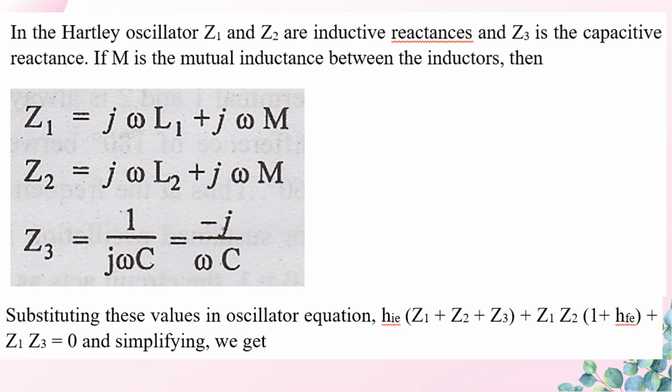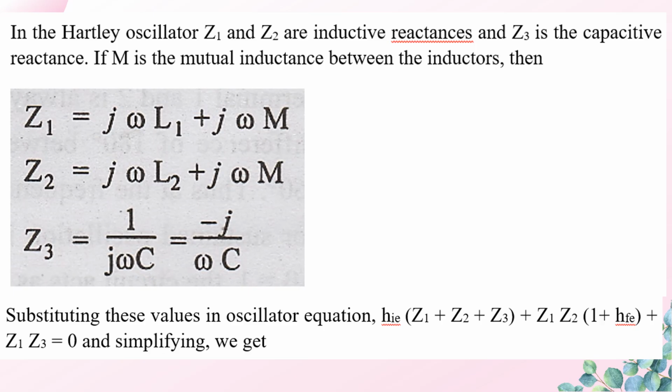Substituting these values in the oscillator equation, we will get hie into the total impedances Z1 plus Z2 plus Z3 plus Z1 Z2 into 1 plus hfe plus Z1 Z3 is equal to 0.